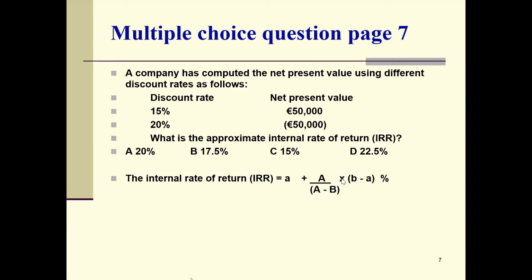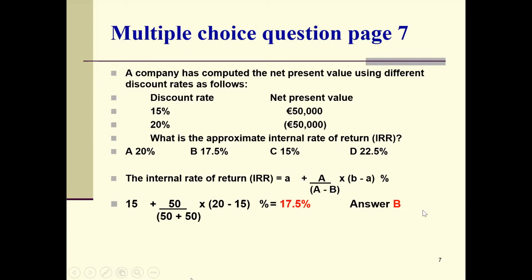I just put in the information then. The lower discount rate was a score of, in this case, 15. And the higher discount rate was a score of 20. And then you have 50 positive for the actual NPV at 15 and 50 negative, but you have a double negative kicking in here. So as you'd expect, that turns out to be a half of 5, just 2.5 on top of 15, 17.5.